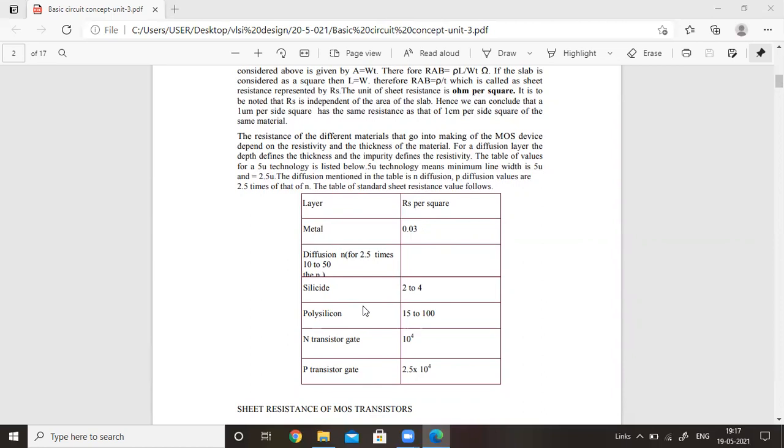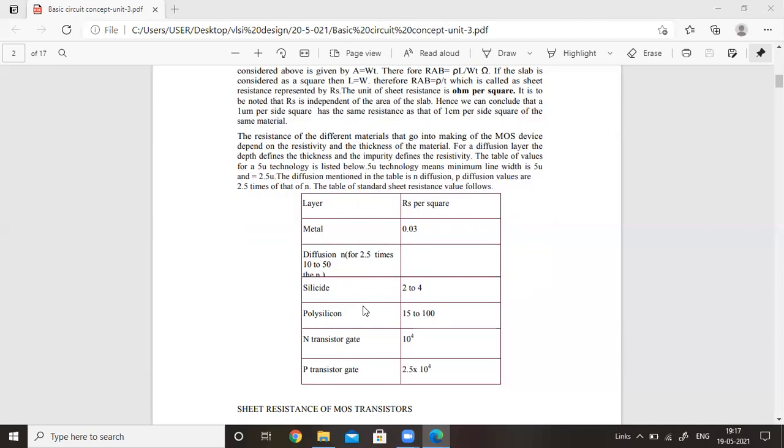For different technologies we have different values. In this slide, I am going to represent the 5 micrometer technology. What is the minimum line width here? The 5 micrometer. What is the meaning of 5 micrometer here? It is the width of the material.